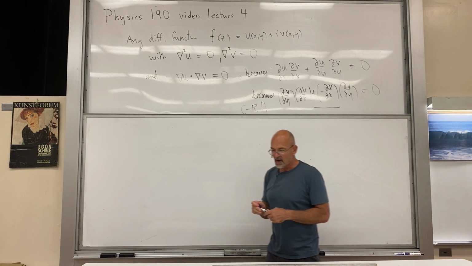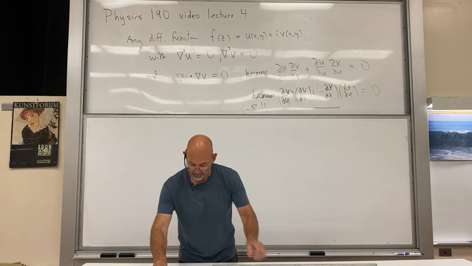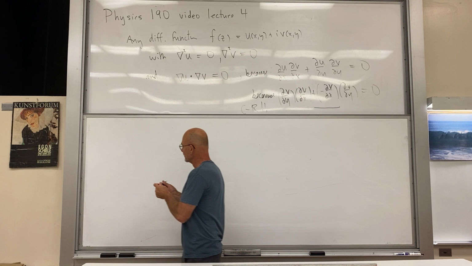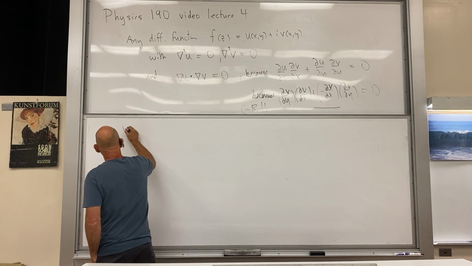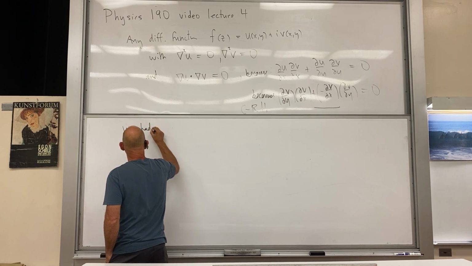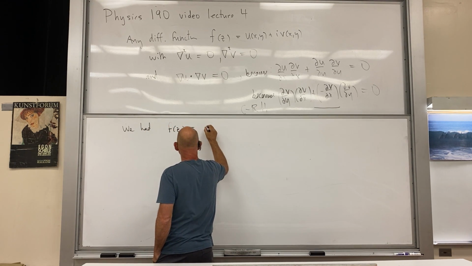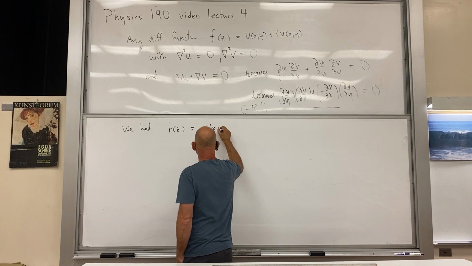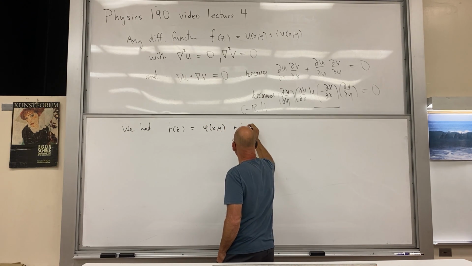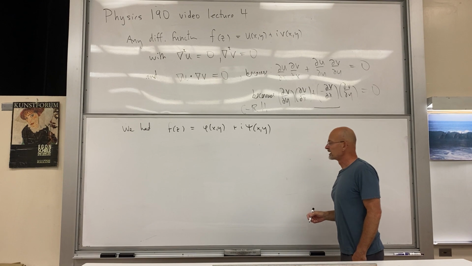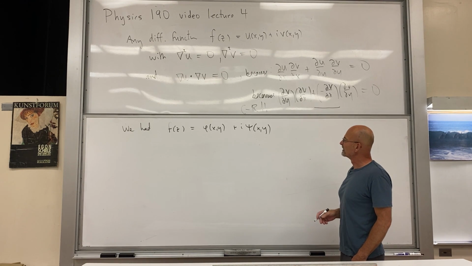Now, because we were talking about velocity fields last time, I went ahead and used different letters. So we had f of z equals phi of x and y plus i psi of x and y. Same thing.